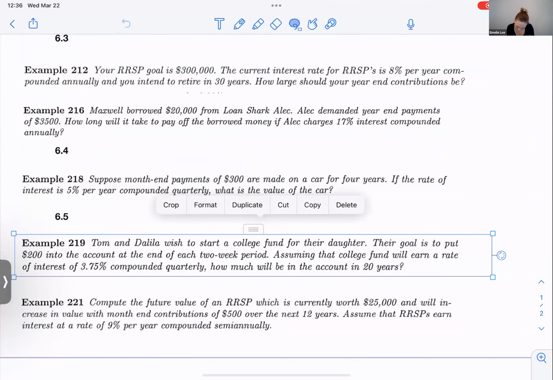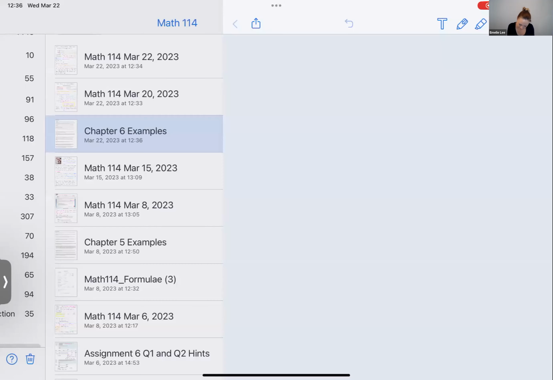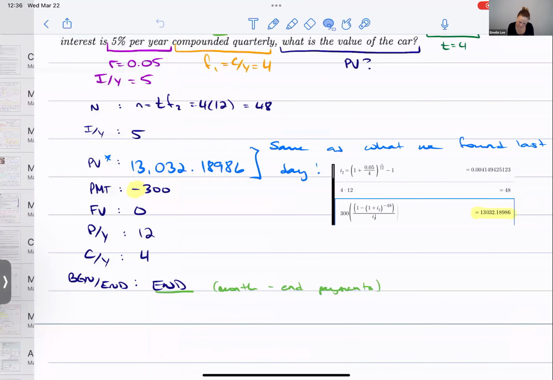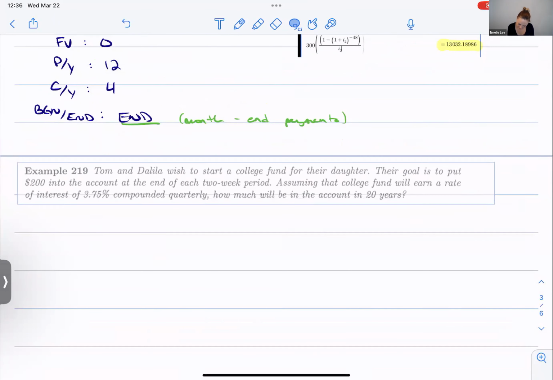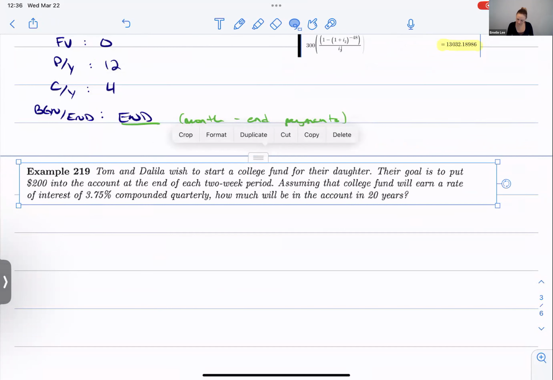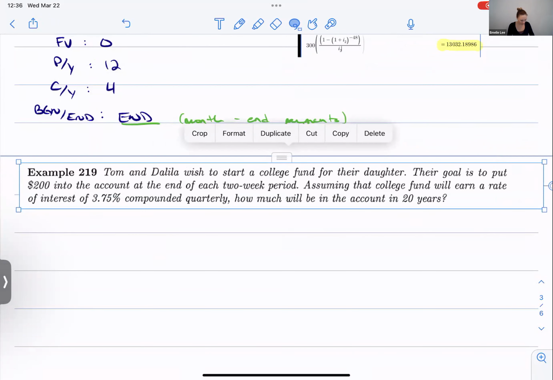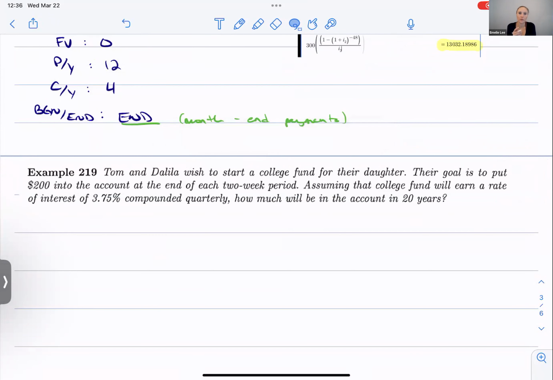Example 219, copy. What I want to do is we'll first solve it by hand and then solve it on the calculator, right?